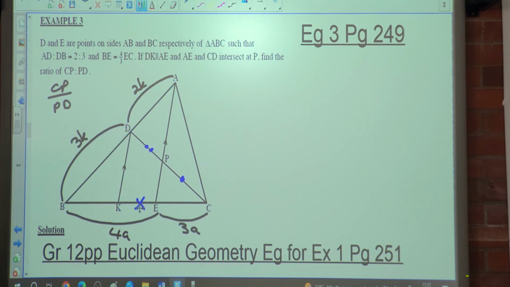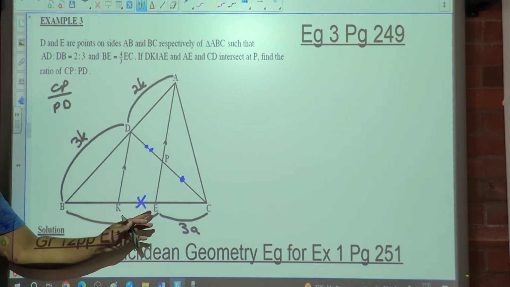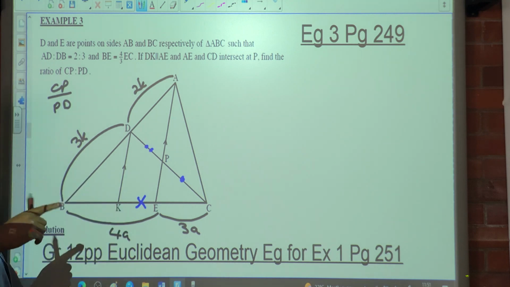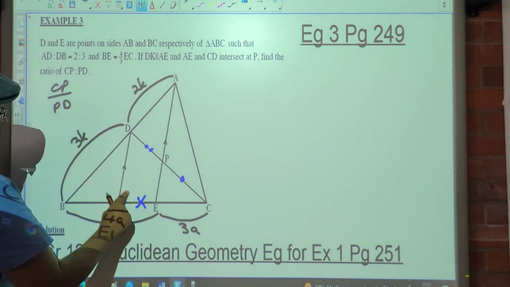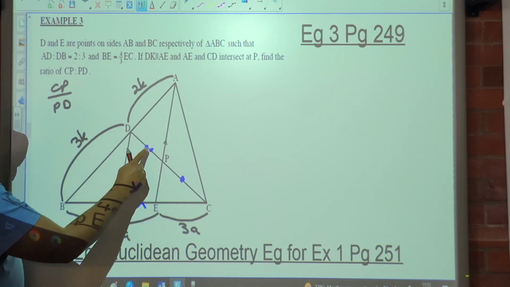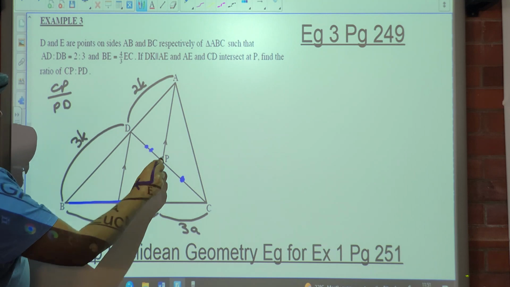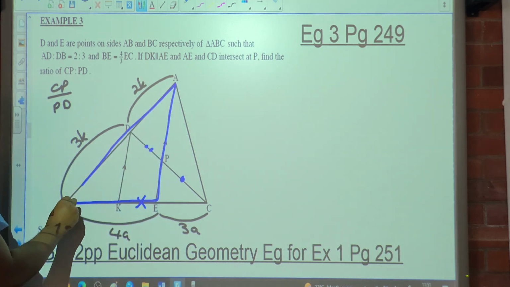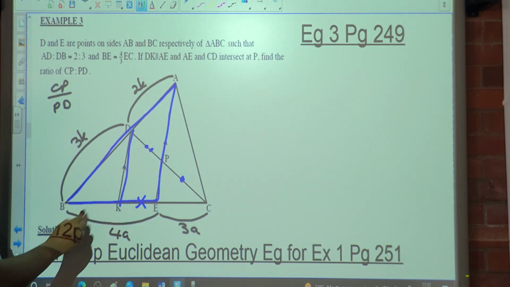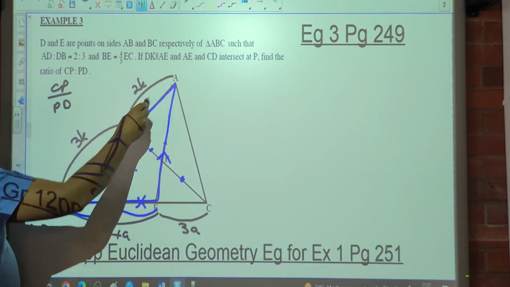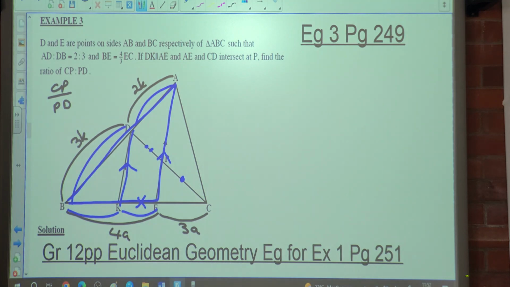So again, at this point I need to calculate KE. You all know why I need KE. Which triangle does KE lie in? It lies in this triangle, but I'm shorting this to calculate that ratio. So I look in another triangle and I've noted that it lies in that triangle as well. Since those lines are parallel, they divide the sides in proportion. Any questions thus far? No?